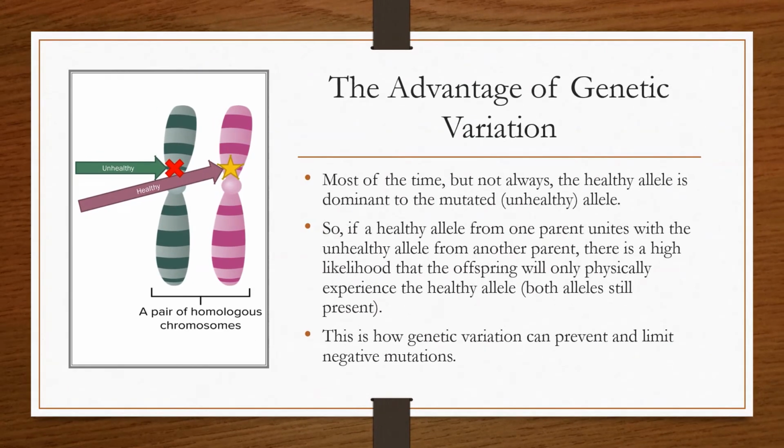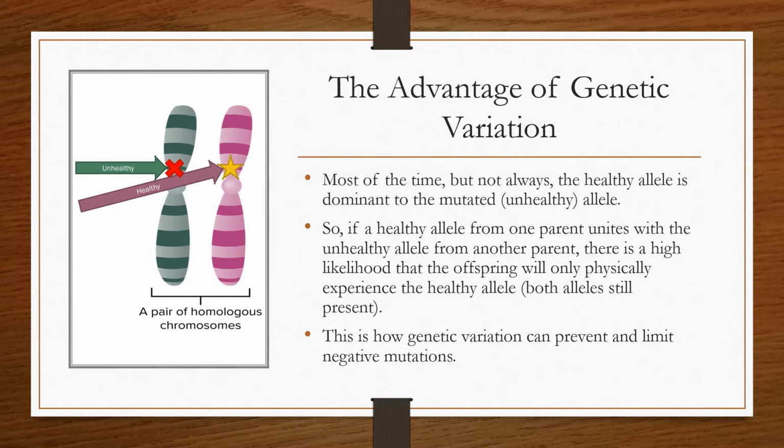Now carrying on a topic we discussed in a previous video, this is how genetic variation is an advantage. Most of the time, but not always, the healthy allele is dominant to the mutated or unhealthy. So if the healthy allele from one parent unites with the unhealthy allele from another parent, there is a high likelihood that the offspring will only physically experience the healthy allele, both alleles still being present.